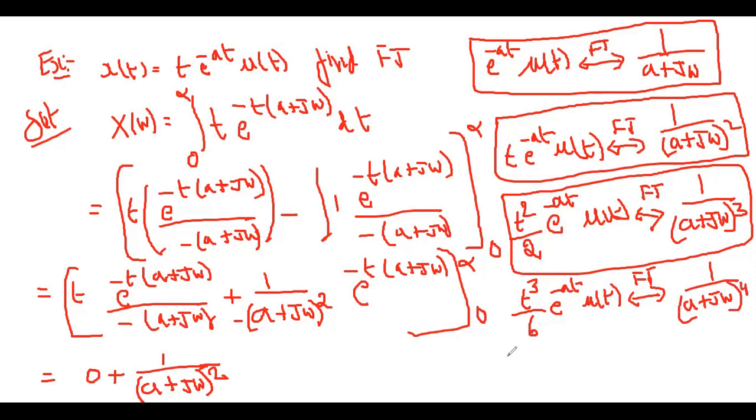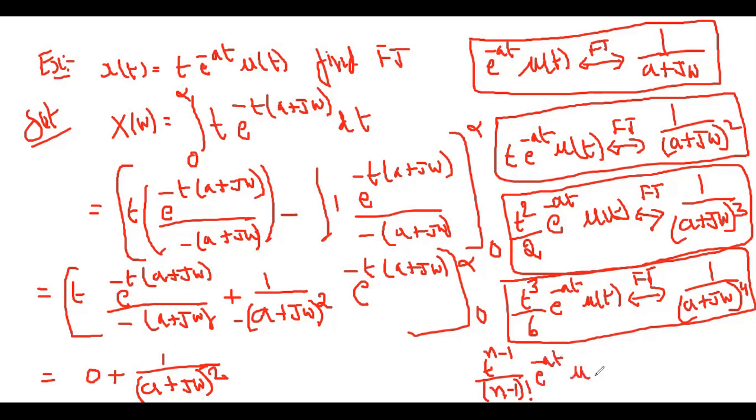So finally, in terms of n, we can write t power n minus 1 by (n minus 1) factorial, e power minus a t mu of t. Its Fourier transformation is 1 by (a plus j omega) whole power n.